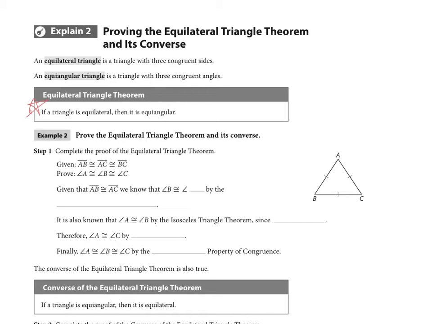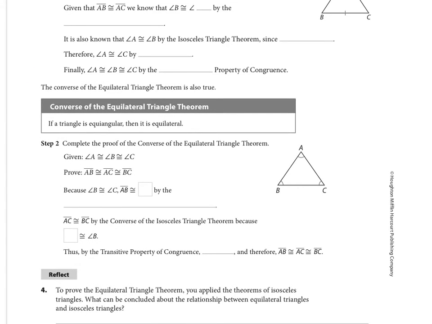And then notice a little further down the page, we focus on the converse, which starts with knowledge of the angles instead. So if the triangle is equiangular, then it is also equilateral. Let's go to the next page and start using these theorems with the isosceles and equilateral triangles.